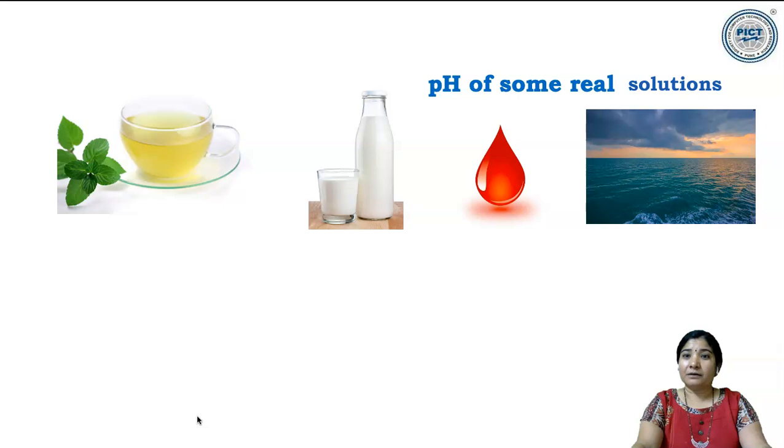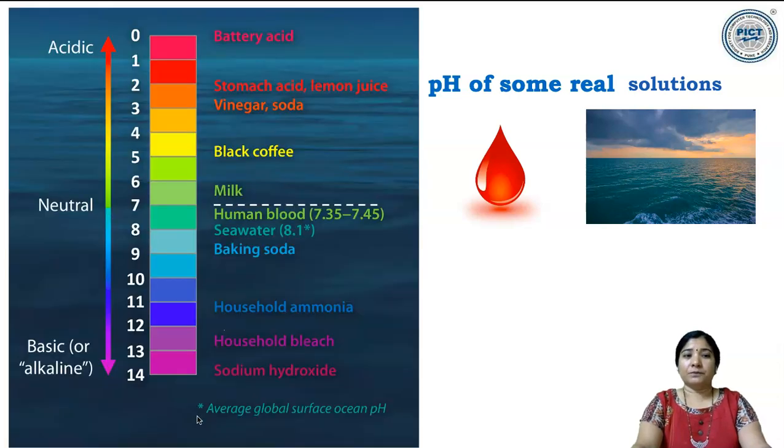And even the ocean, if we check the pH of ocean water, it's a brine solution, it is more alkaline in nature. And a highly alkaline solution, for example a strong base or strong alkali like NaOH, sodium hydroxide, will show a pH value of 14.